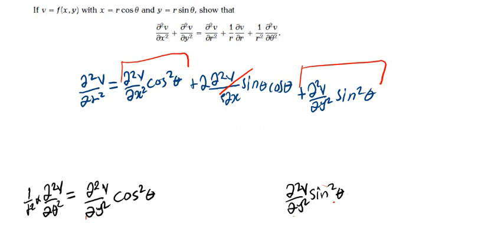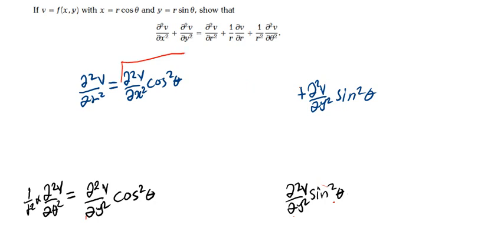Even this middle part here goes. So one thing that you observe is that if you add this one plus this one plus that one, what really stands out is that first of all I'm going to have my second partial of v with respect to x squared.